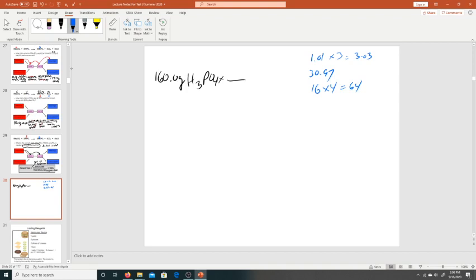So 64 plus 30.97 plus 3.03 gives us a total of 98 even. So 98.00 grams per 1 mole of H3PO4.